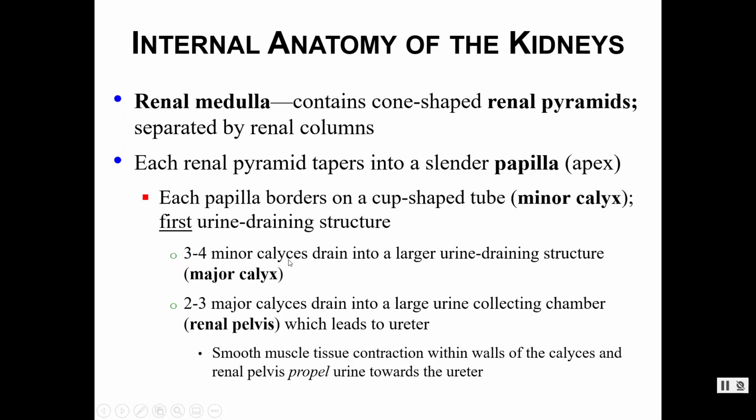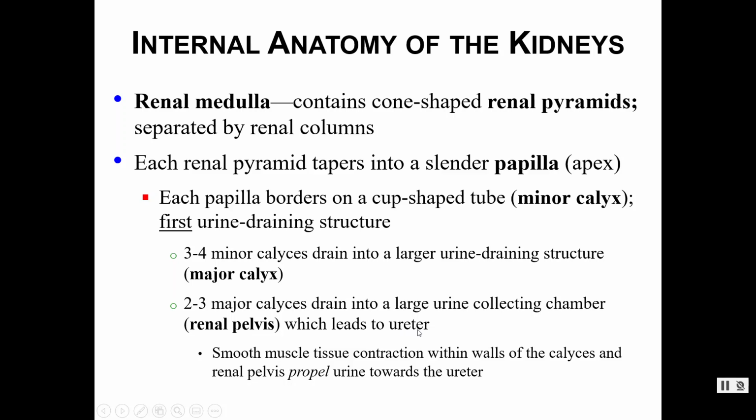Each of those will then drain into a larger structure. Call those your major calyx or your major calyces. Each kidney has somewhere between 2 and 3 of the major calyces. Those major calyces will then drain the urine into your renal pelvis, and your renal pelvis is directly attached to the ureter.